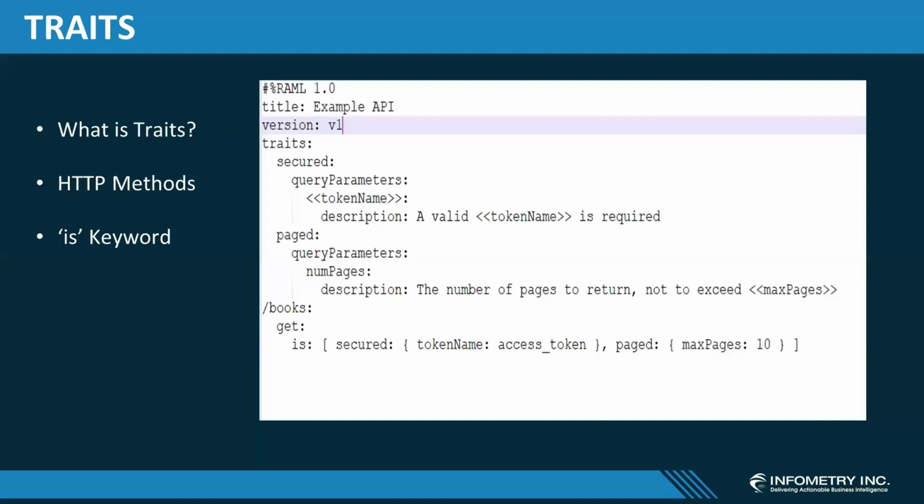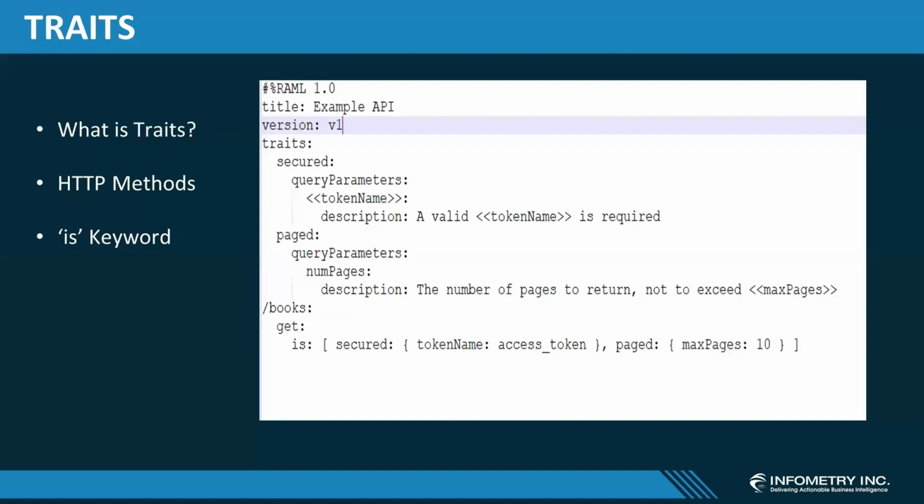In this example, you can see I'm taking these query parameters. Traits can be defined in the root section at the top. We use the keyword traits colon, underneath that we mention the trait name, and then we define our query parameters, whatever we need.